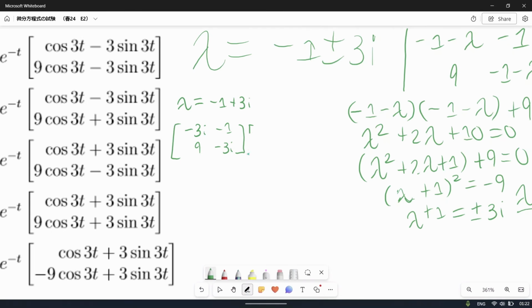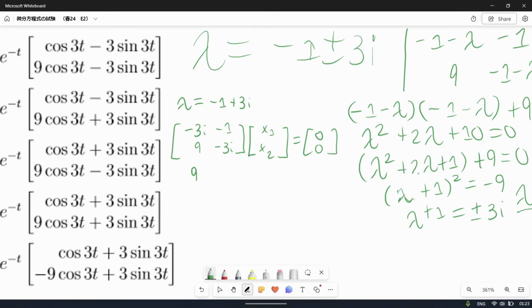You multiply that by x sub 1 and x sub 2, and set that equal to 0 and 0. Then you do some matrix multiplication, and you can pick either the top row or the bottom row. For this one, I like the bottom row more, so I'm going to use that.